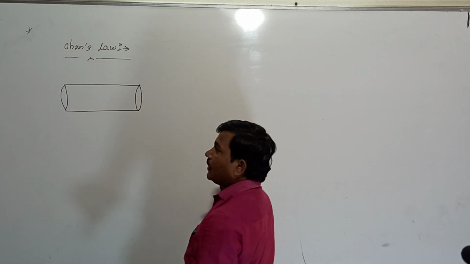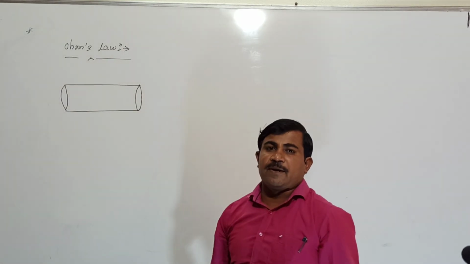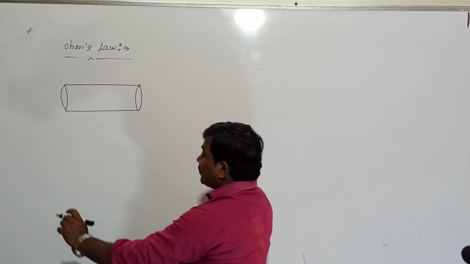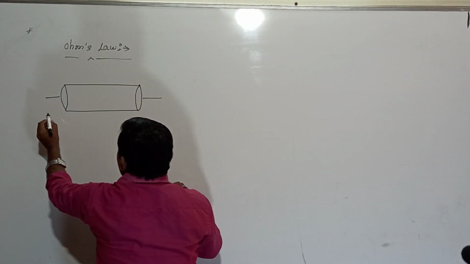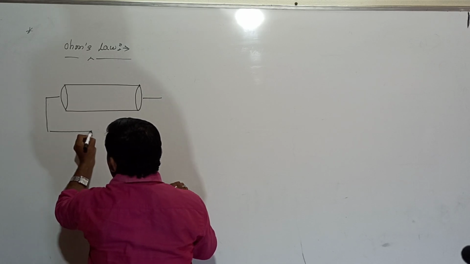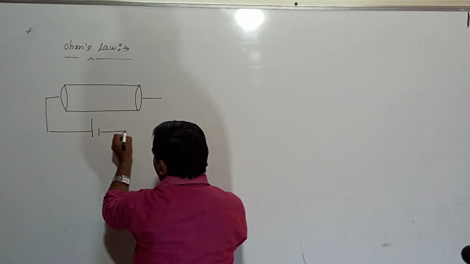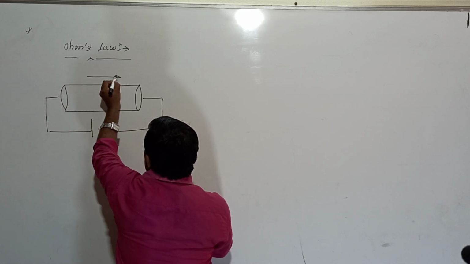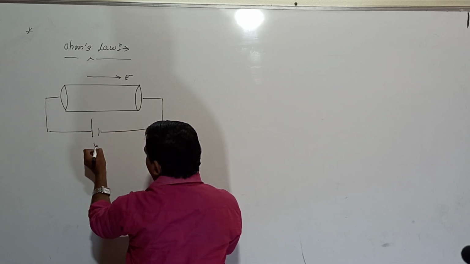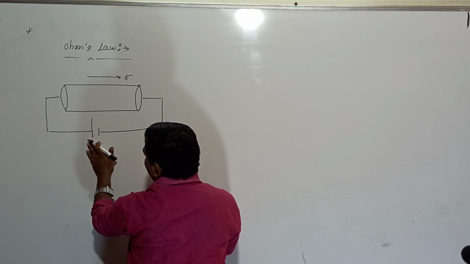In this conductor, so many free electrons are available. When potential difference is applied to this conductor, as soon as it is applied, an electric field is set up at every point in the conductor. This is the direction of the electric field set up.